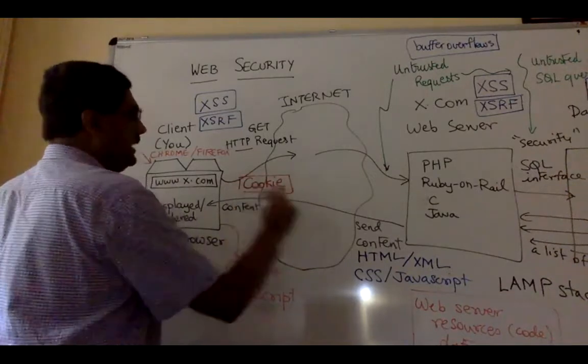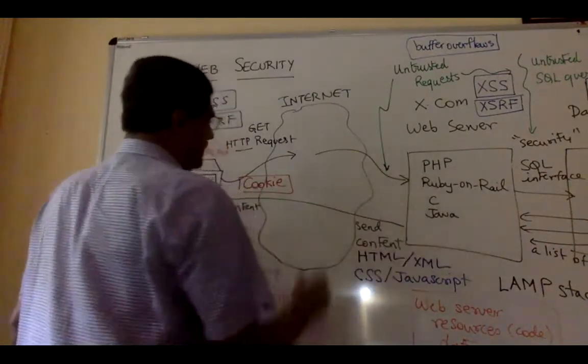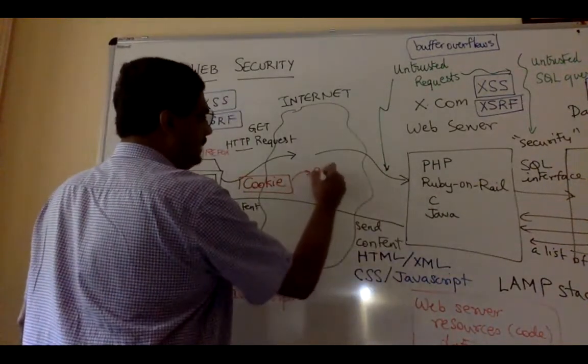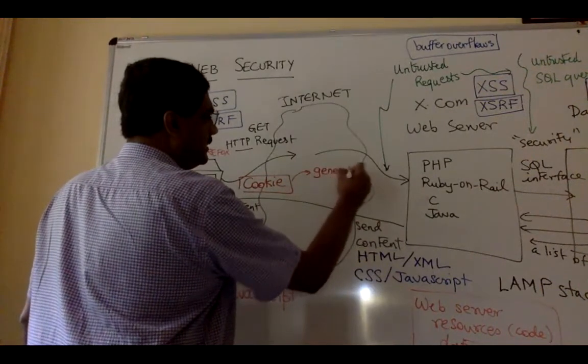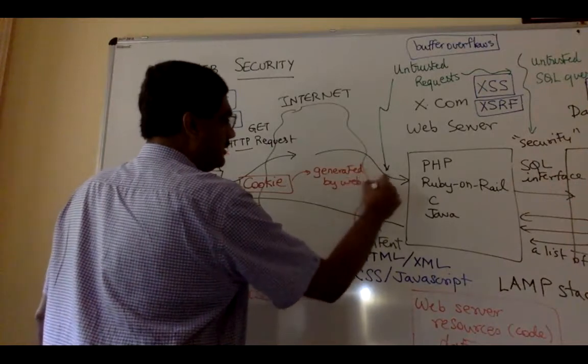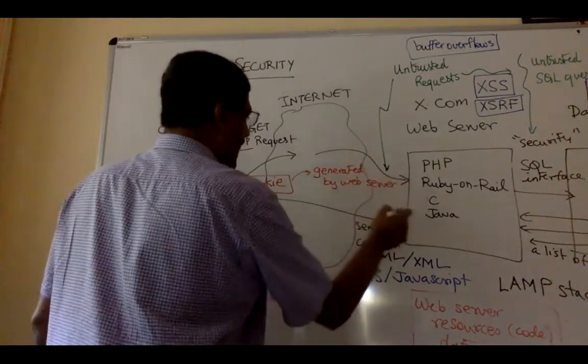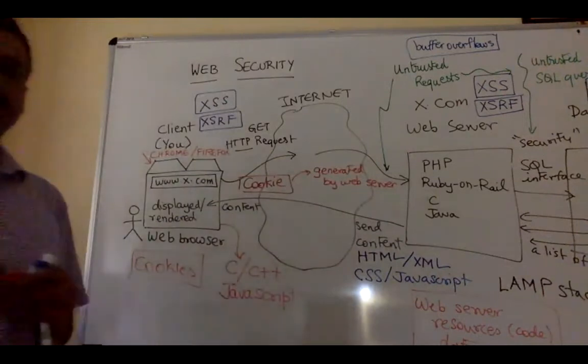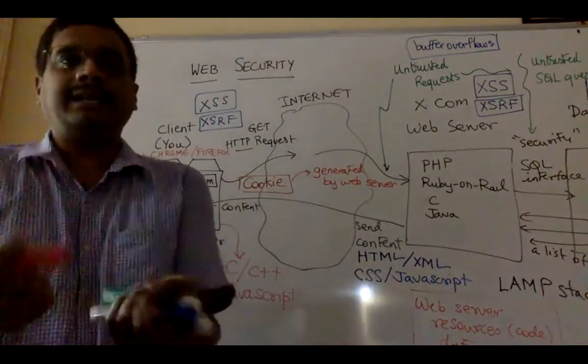that the web server generates. So the cookie is generated by the web server and is sent back. It is generated by the web server the first time you authenticate with the web server.